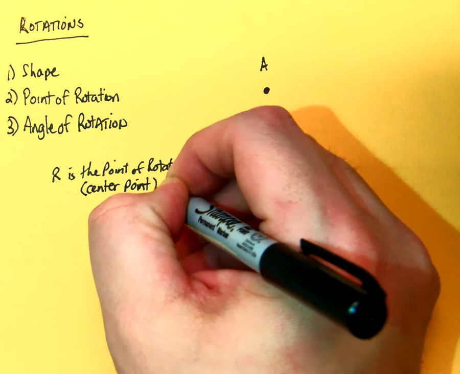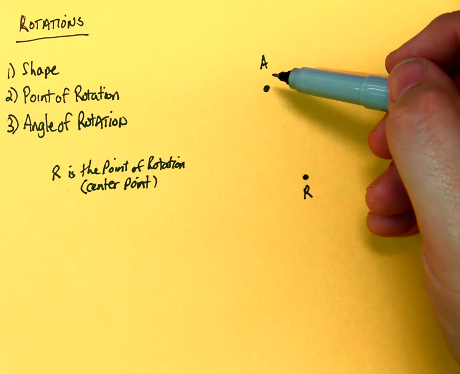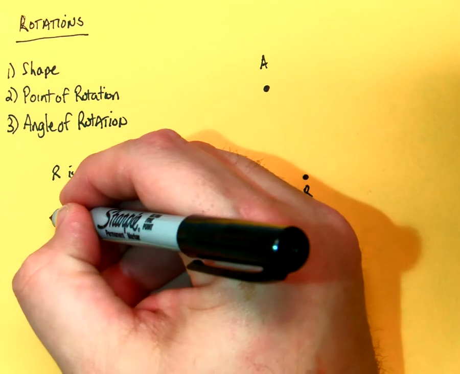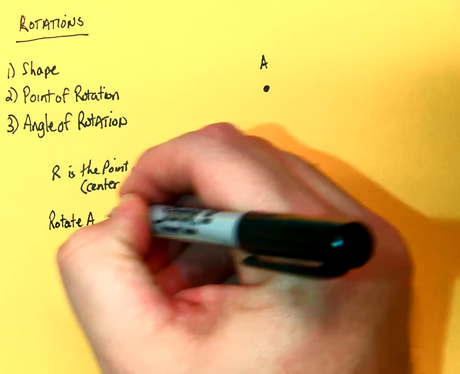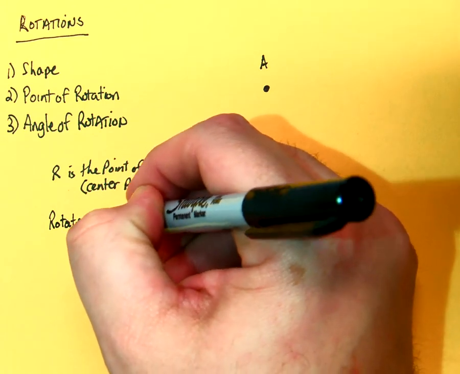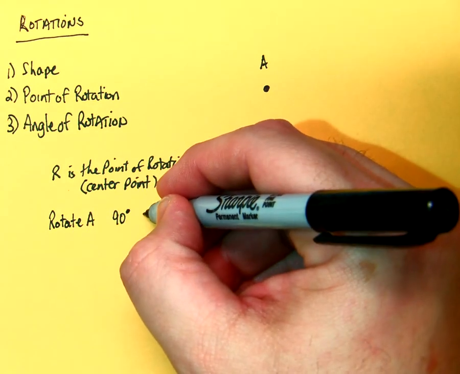Although, technically that's not exactly what it is, but that's okay. We have our shape. Our shape is A, and we're going to rotate this to A prime. And then, let's say we want to rotate A. Let's go 90 degrees clockwise.